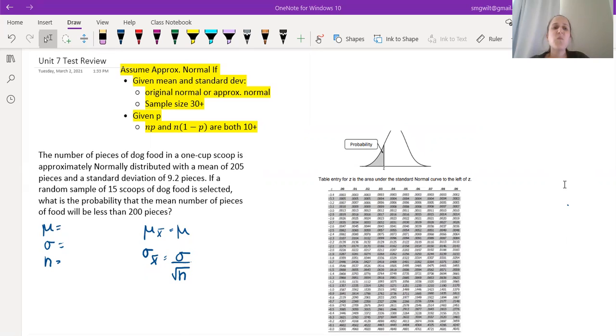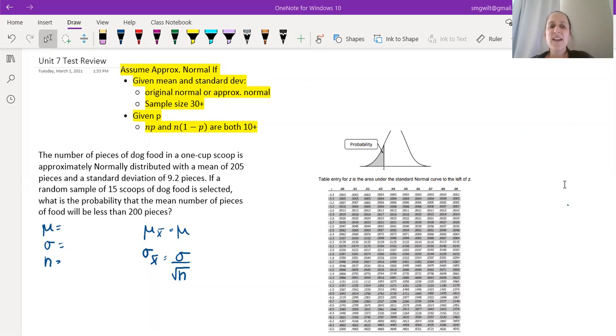So I'm looking at the last few sections, from 7.3 on, which talks about assuming that a distribution of the means is approximately normal. And we can do that under a couple circumstances. If it's a problem where it was skewed or bimodal or approximately normal, they'll give us the mean and the standard deviation in the problem.